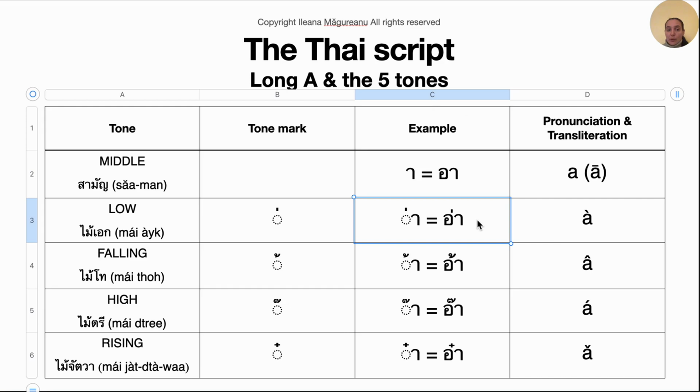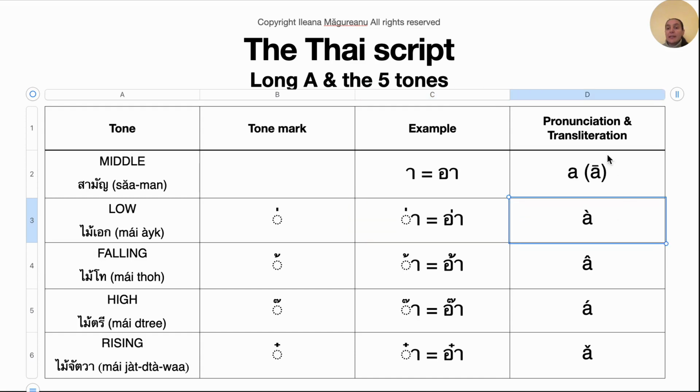Now, the next tone is the low tone. The mark is this dot, or let's say, short vertical line pointing downwards.